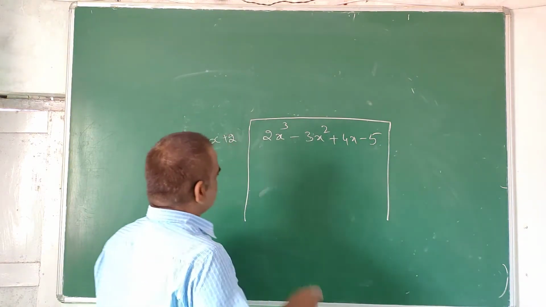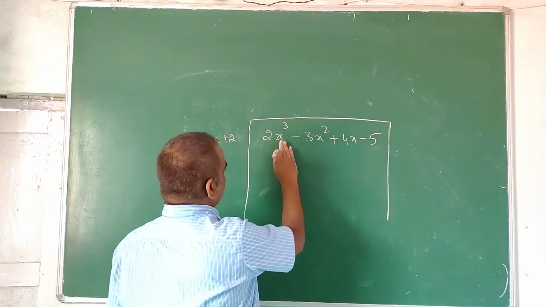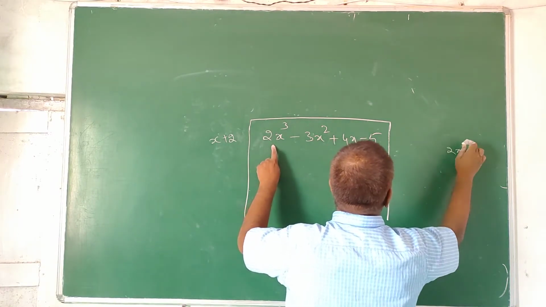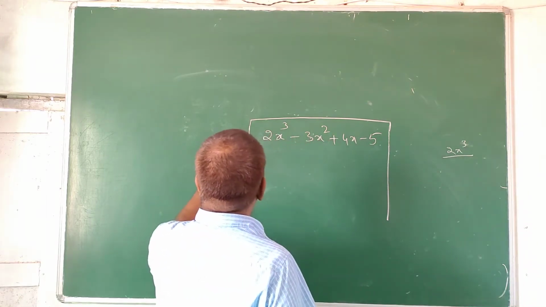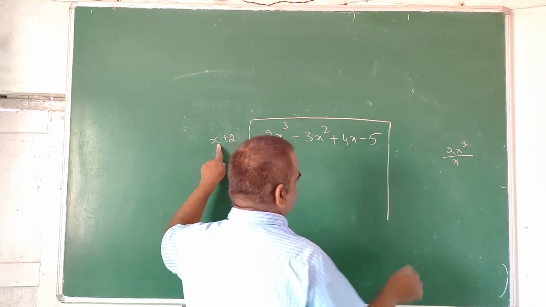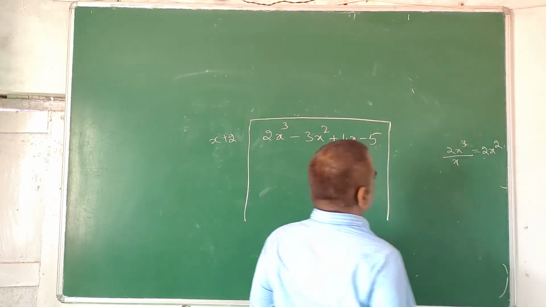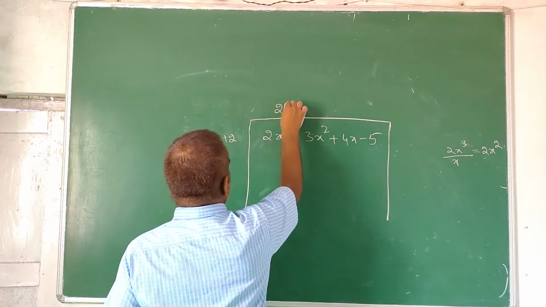So, see here now. You know the division process. So, go to rough work. 2x cube, this has to be in rough. 2x cube by x you have to take. 2x cube divided by x, which gives you 2x square. Right? So, here you have to take 2x square.